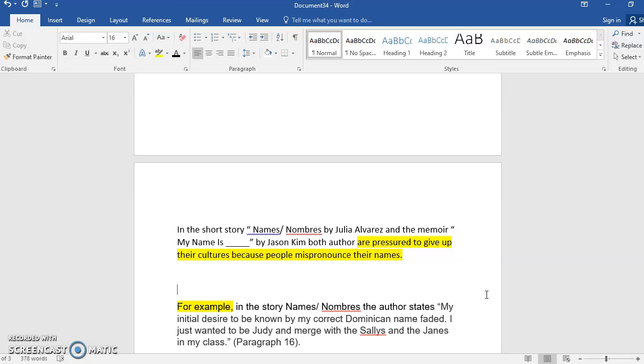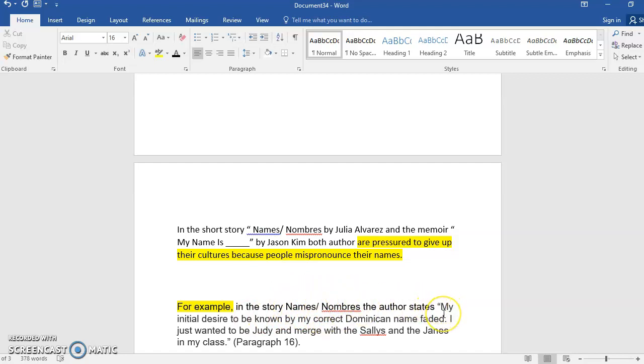Okay? So I have this expression, for example, to kind of alert the reader that a piece of evidence is coming. Again, this is my quote. I didn't write a context piece to this. So I have the phrase, for example. You can also say, in the text it states. I gave the name of the title.